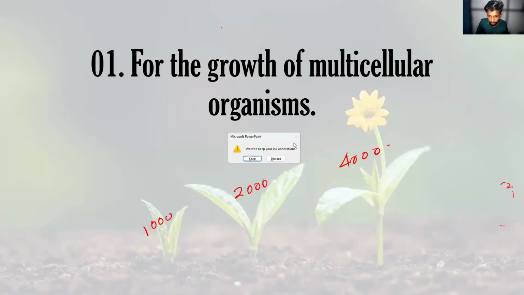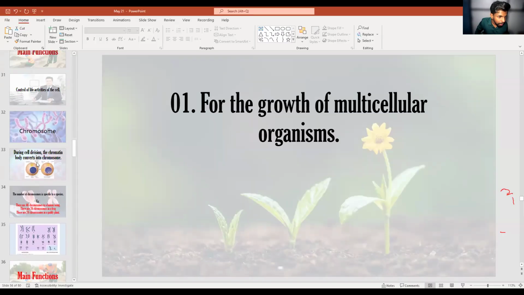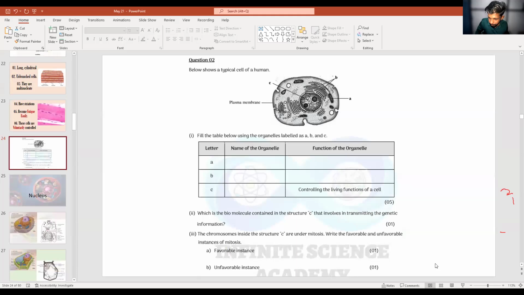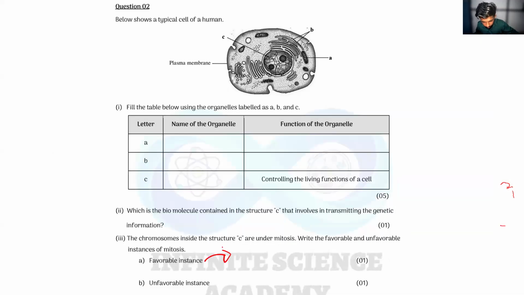Okay, now we'll move to the question here. They are asking regarding the favorable thing and the unfavorable thing, right? Favorable, that is growth; the three importances are there. Unfavorable, one of the best examples, is cancer cells.